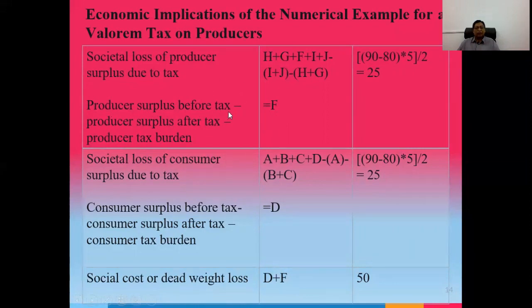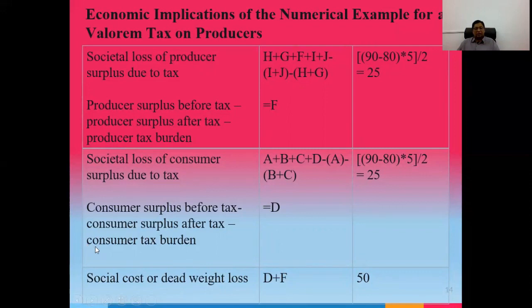Producer surplus before tax minus producer surplus after tax minus producer tax burden. That is given by F. Then the social loss of consumer surplus due to tax: consumer surplus before tax minus consumer surplus after tax.